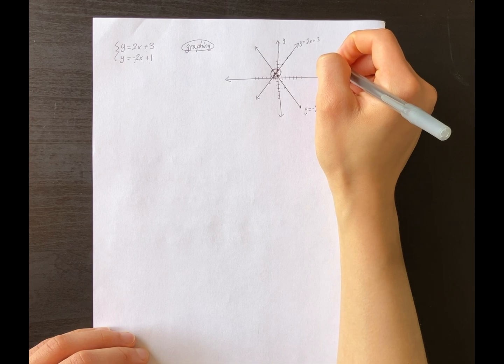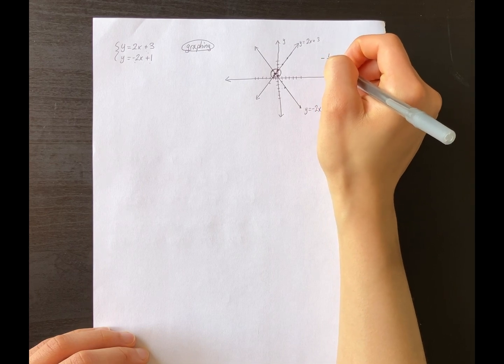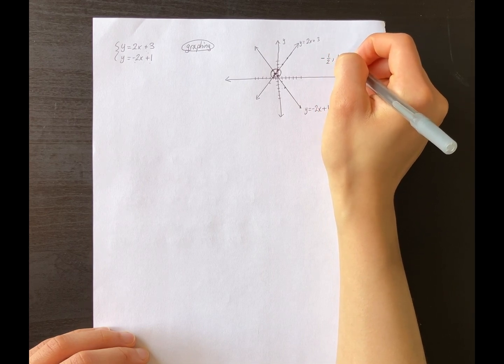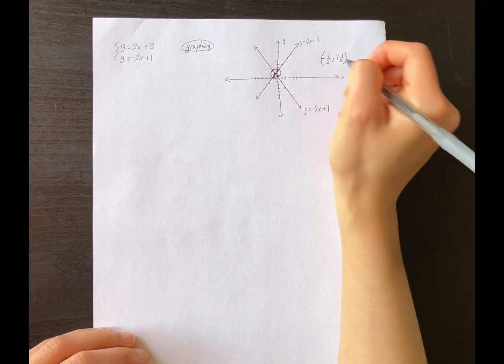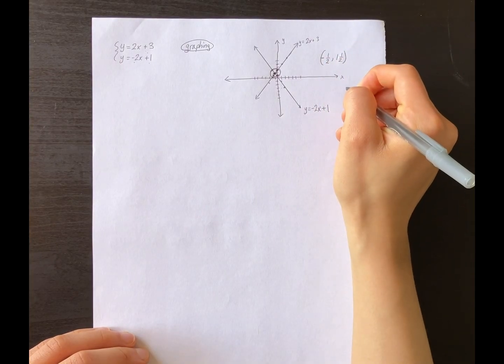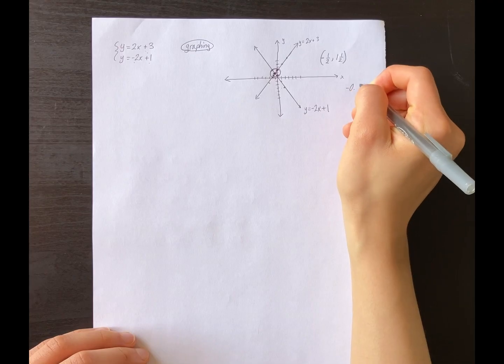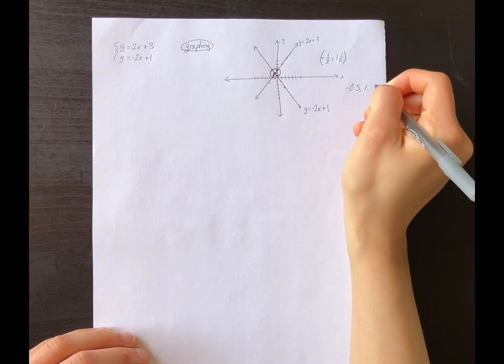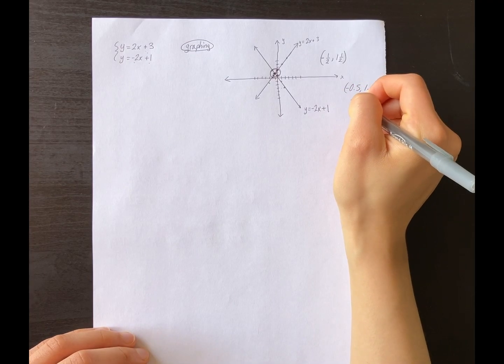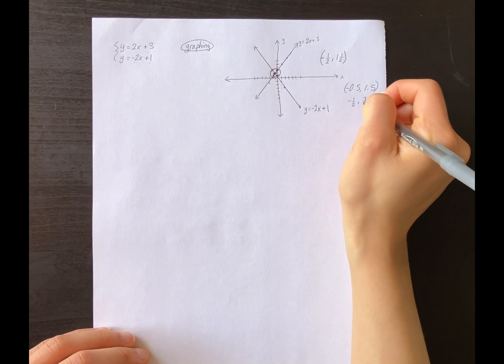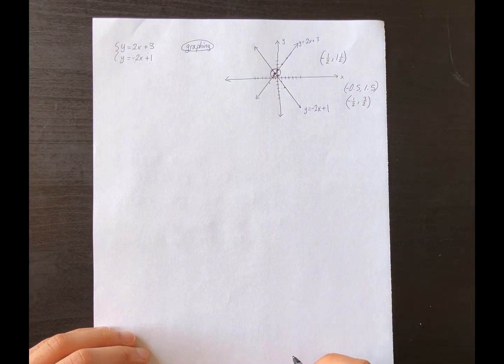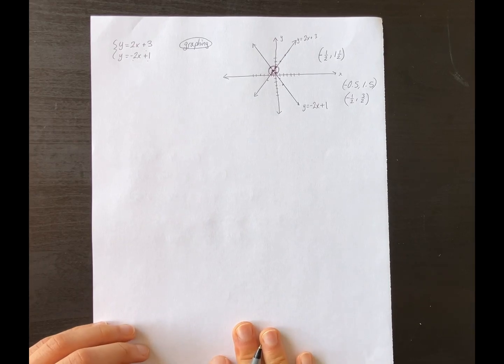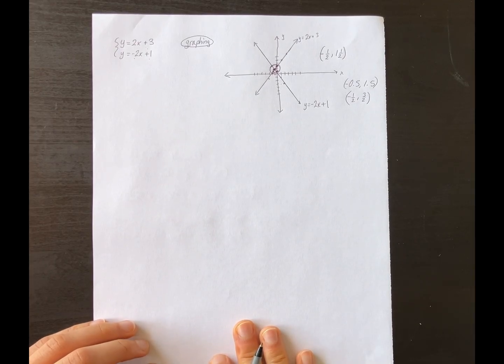So our solution is negative 1/2, 1.5. You could also write this this way or this way.